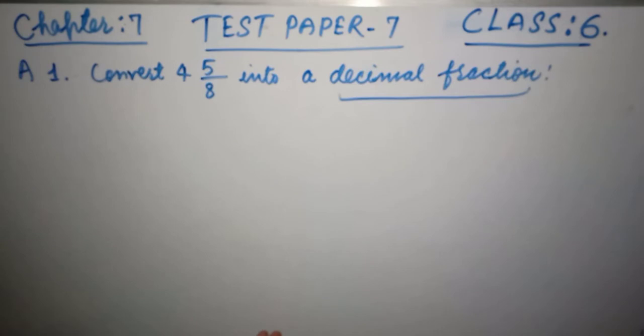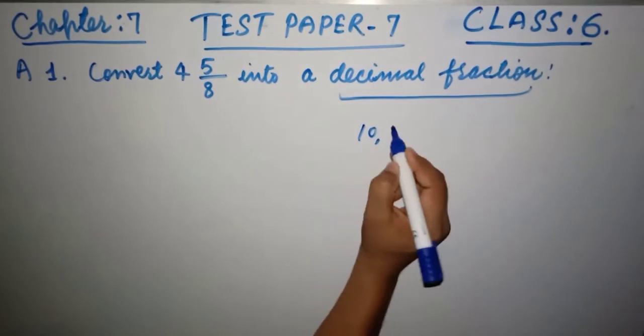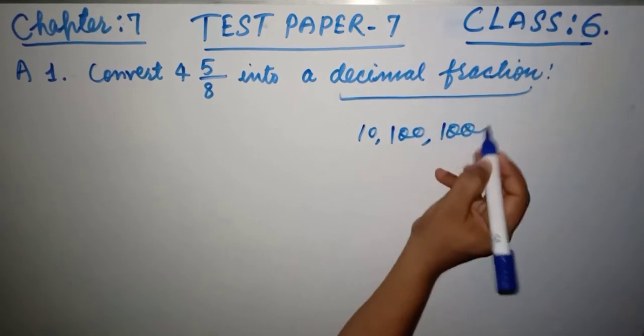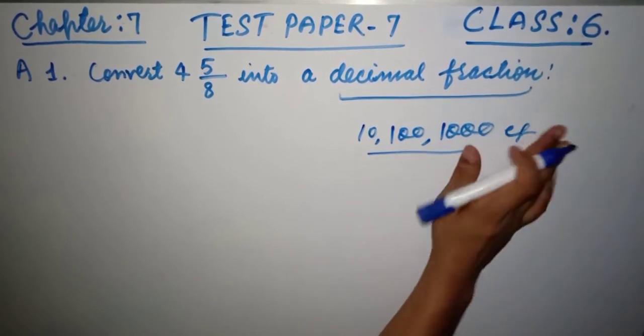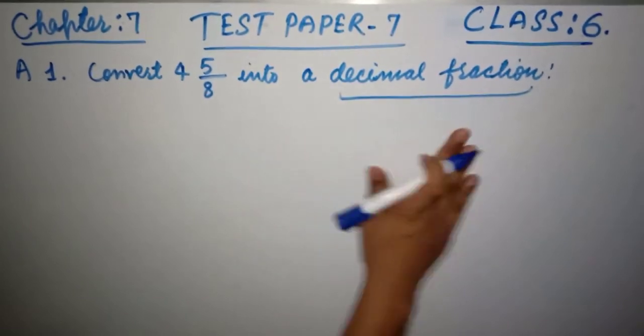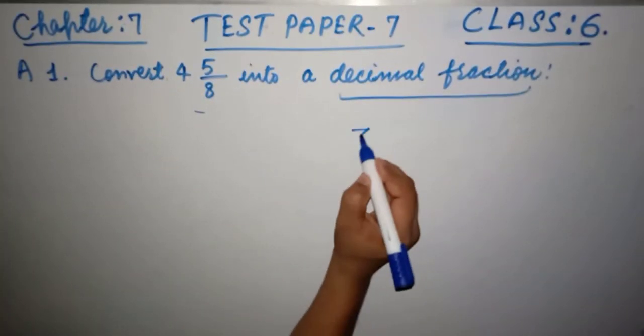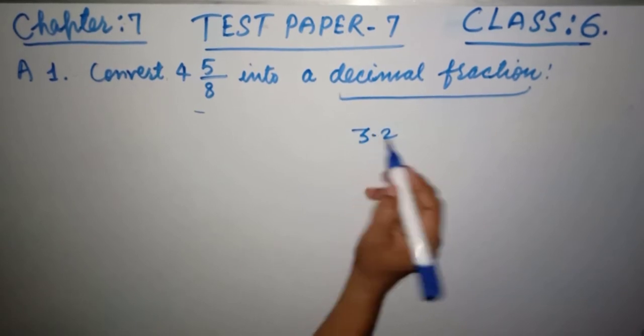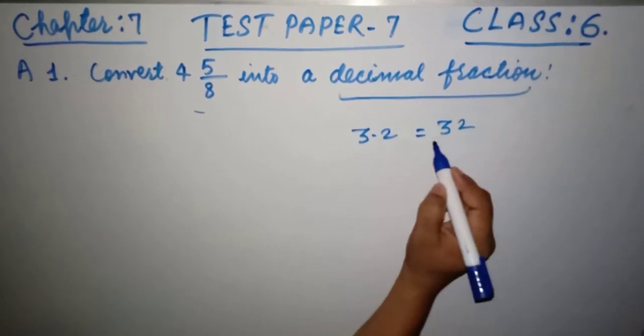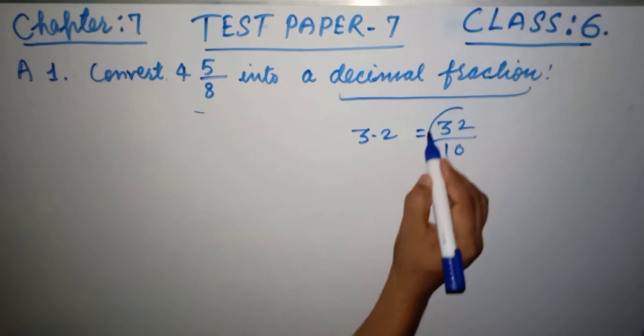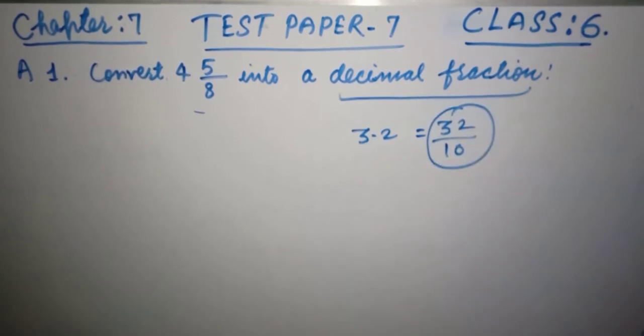Fractions having denominators like 10, 100, 1000, etc. are called decimal fractions. That means we have to convert this number into decimal form like 3.2. This is also the form of 3 by 10. So this is a decimal fraction, because the denominator is 10, 100, etc.